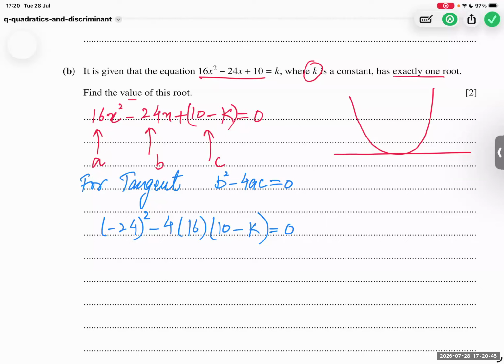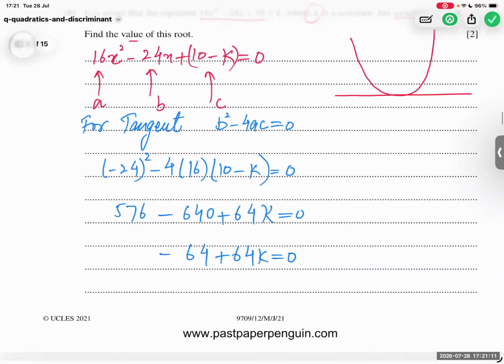So we have 24 square is 576, minus 16 fours are 64, that would be 640, plus 64k must be equal to 0. Now 576 minus 640 would be equal to negative 64, plus 64k is equal to 0, right?